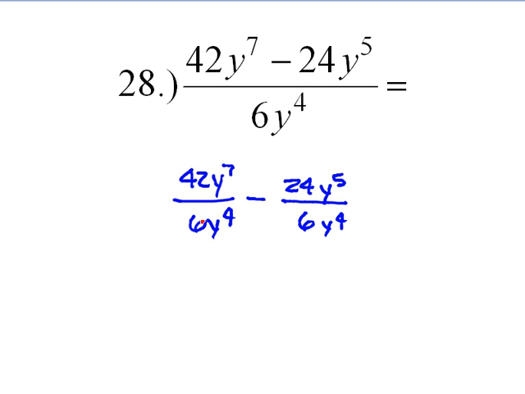But for now, let's do that. So we have 42 divided by 6 is 7. We have 4 here, 7 here, that changes that to the third. So we have y to the third minus 24 divided by 6 is 4. We have 5 here and 4 here. We'll make that a 1, and we simply put down y. So in dividing by a monomial, divide it into each term.